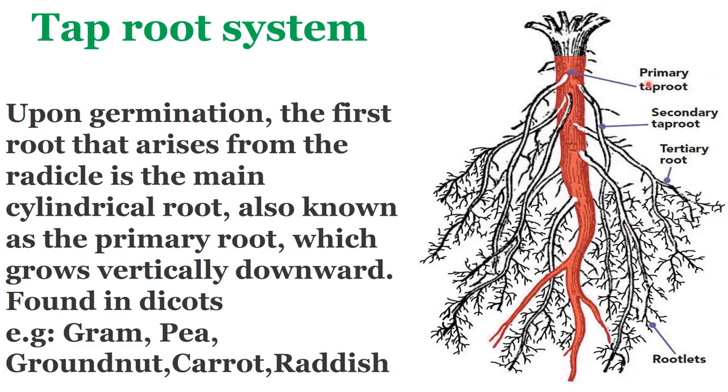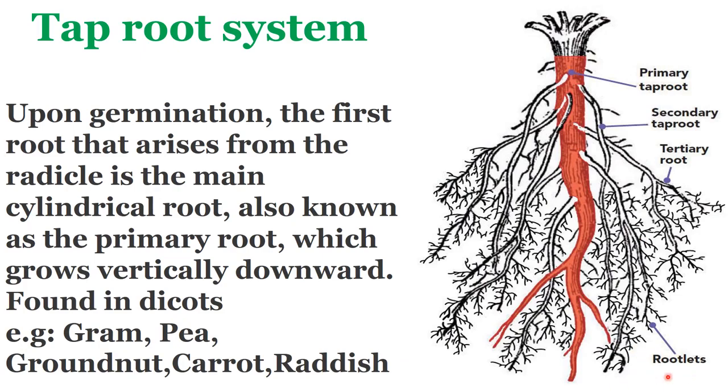From the primary taproot the secondary roots arise, then from the secondary roots the tertiary roots will arise. So a system will be formed like this of primary roots, secondary roots and tertiary roots. And this complete system of the primary, secondary and tertiary roots will be called the taproot system.